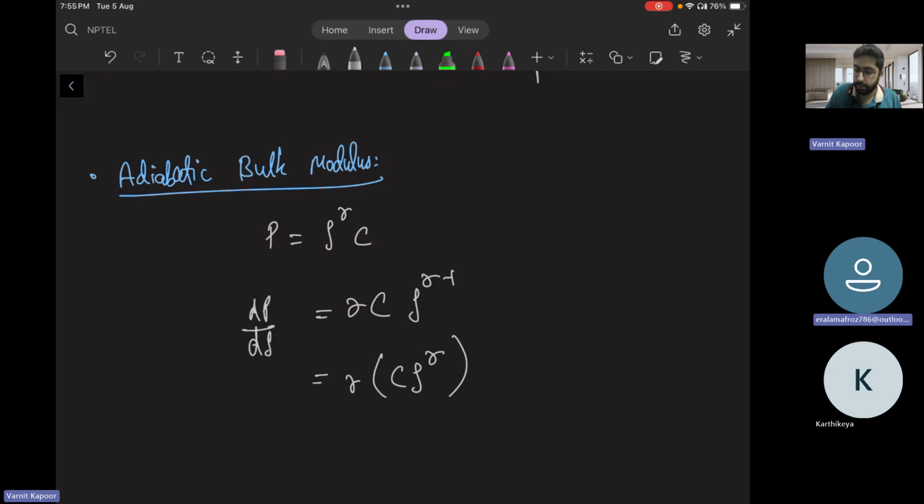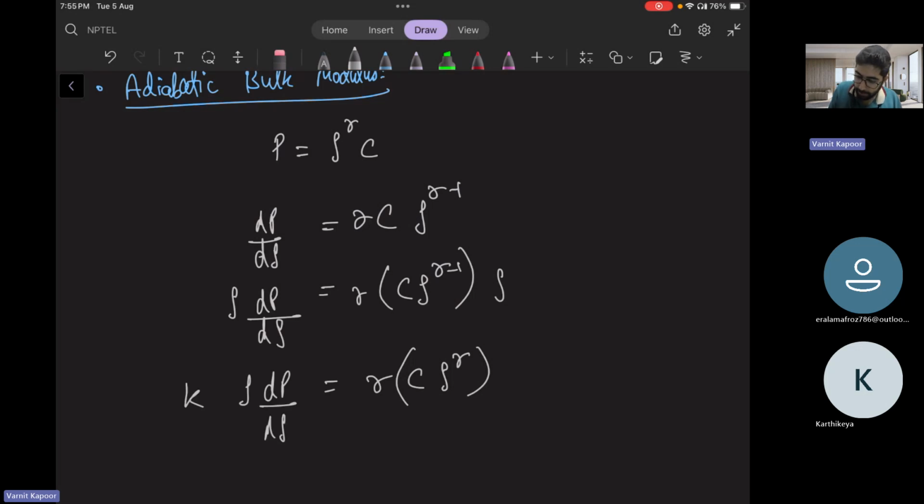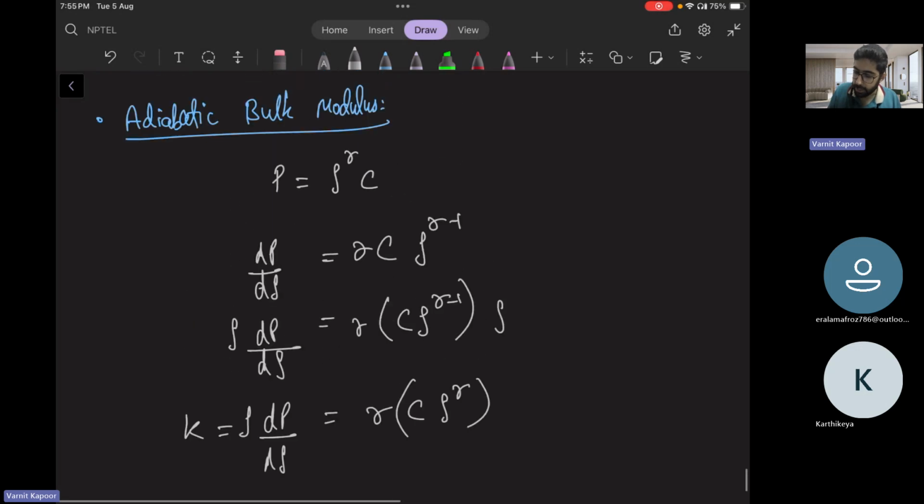Into what? Tell me. Minus 1. If it is gamma minus 1, and I multiply both sides by rho, then rho dP by d rho will be gamma times C into rho to the power of gamma, and this is nothing but your bulk modulus K. And what is C into rho to the power of gamma?